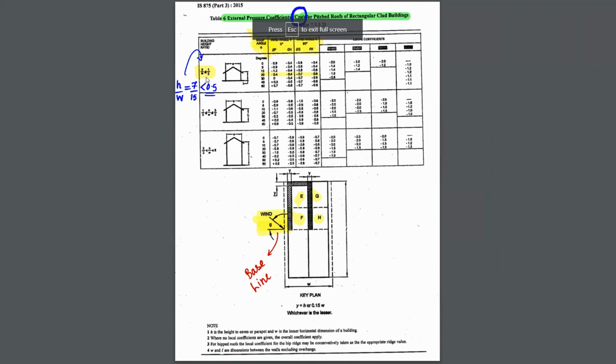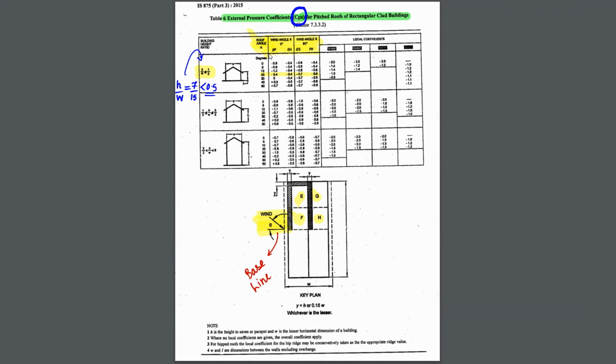So if H by W is less than or equal to 0.5, then you have to take case number 1. Otherwise, if H by W lies between 0.5 to 1.5, you have to take case 2. So as per your data, you can select among all these three cases. This is step number 1.